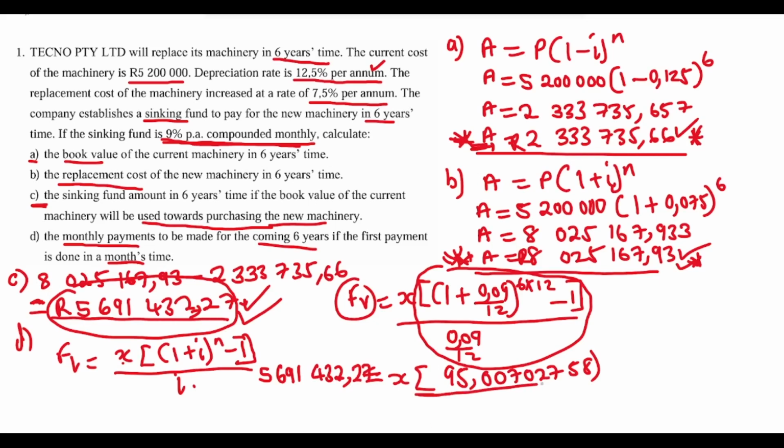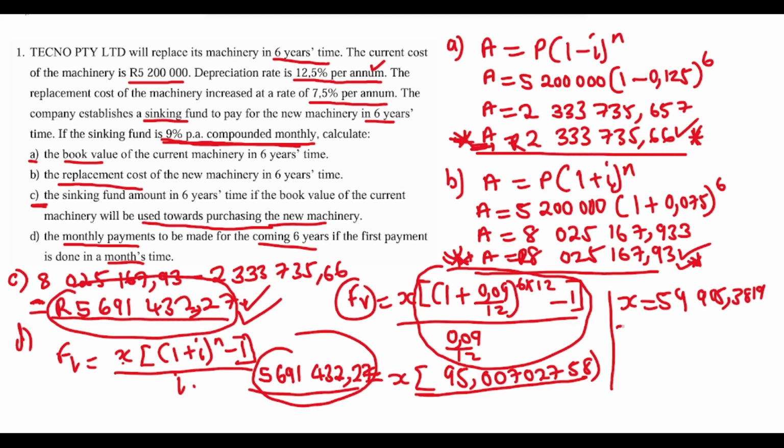Then we divide both sides by 95.00702758. If we divide this amount by 95.00702758, you will get that x is equal to 59,905.3819. So meaning that they must deposit 59,905 rand 38 cents every month, so that they have this amount at the end of 6 years.